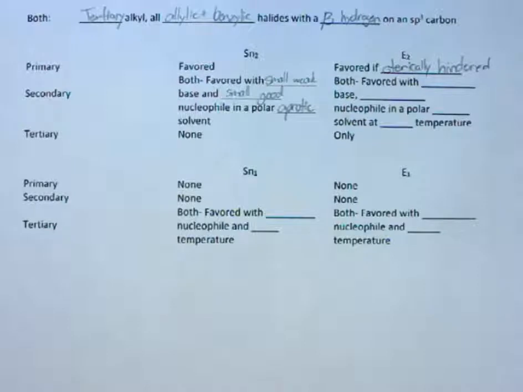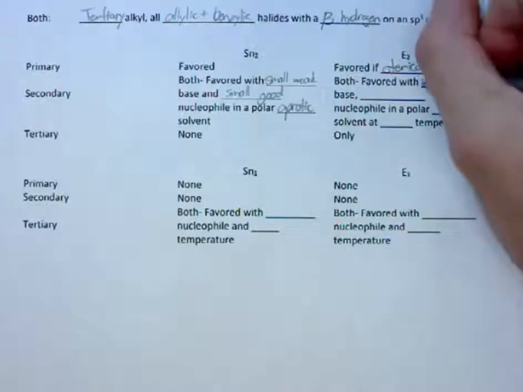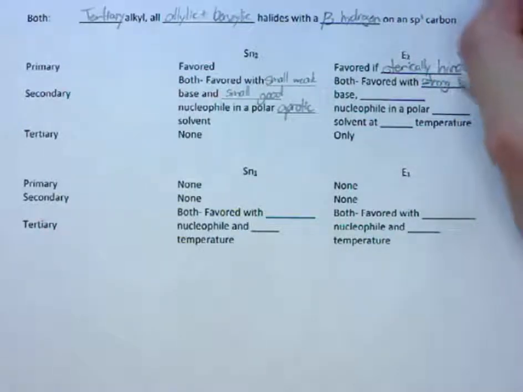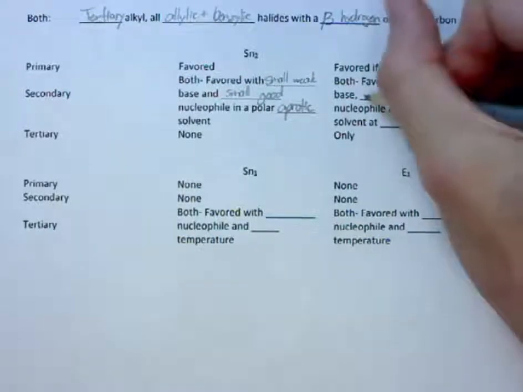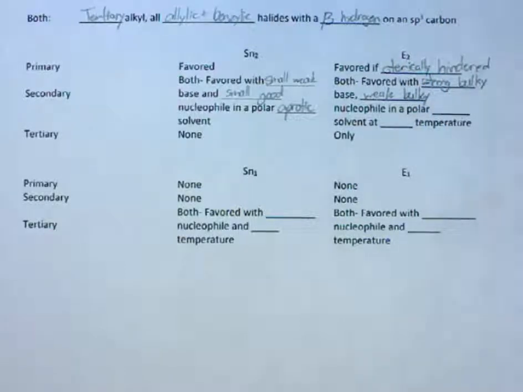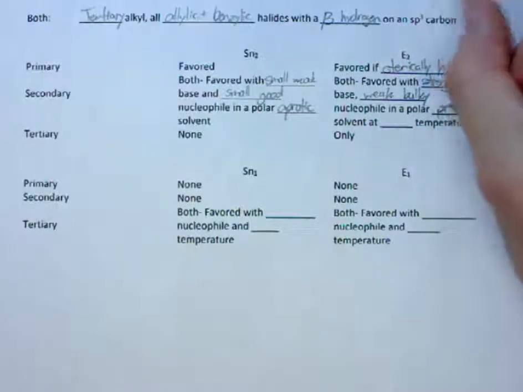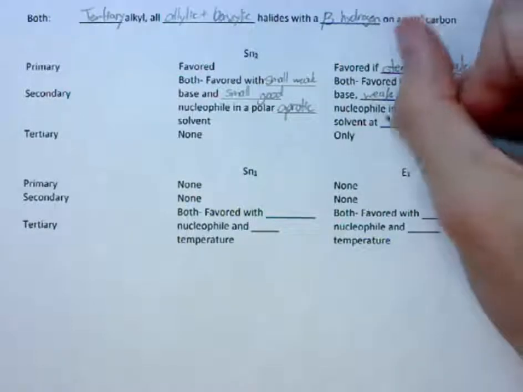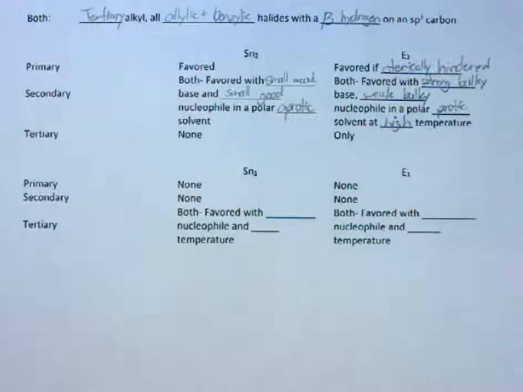If you want to make more E2 product, you would want a strong and bulky base, a weak or bulky nucleophile, and a polar protic solvent at high temperatures. If the conditions are SN2 or E2 and you have a tertiary alkyl halide, you will only get E2.